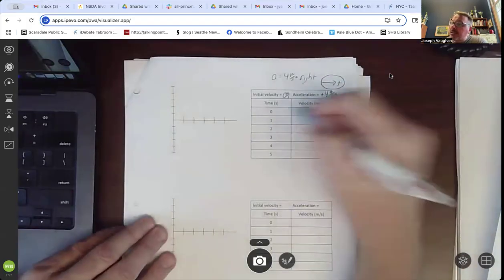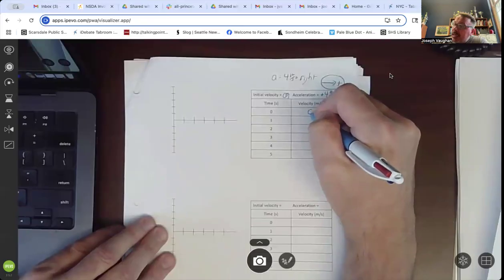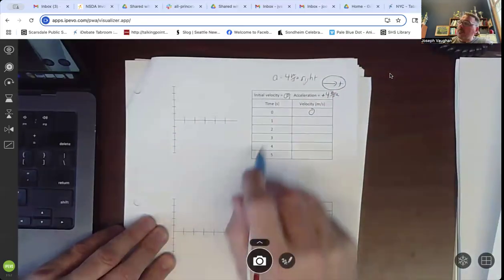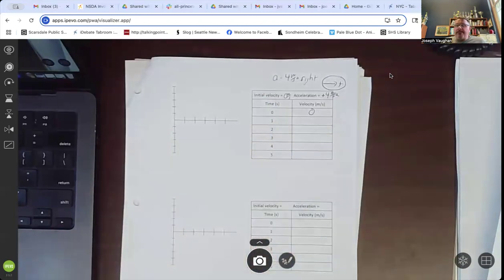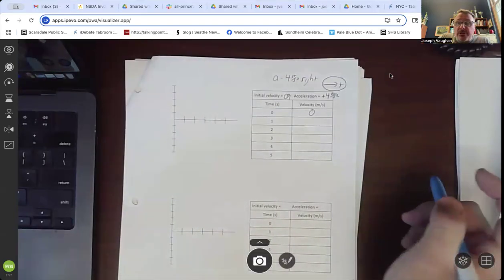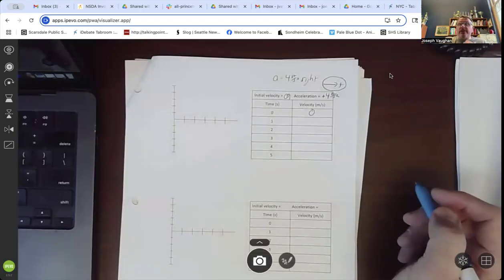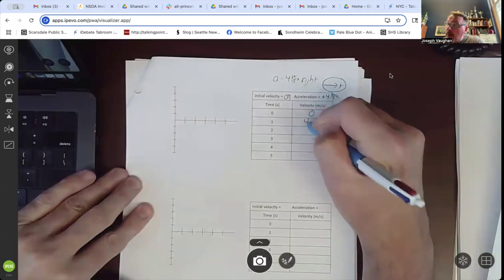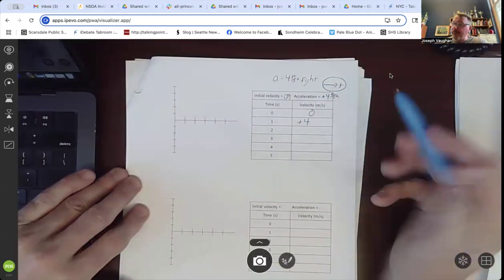All right, so time equals 0. I have my velocity, and that equals 0 because I defined the initial velocity to be 0. So after 1 second, what does that mean? Well, if my velocity was 0 meters per second at the beginning of the first interval, and the velocity is going to change by 4 meters per second to the right each second, after 1 second I'm traveling 4 meters per second to the right.